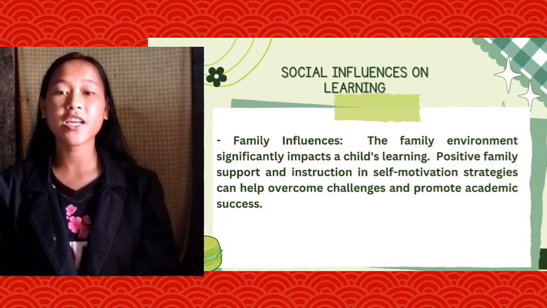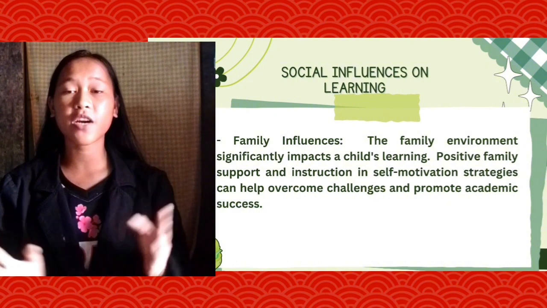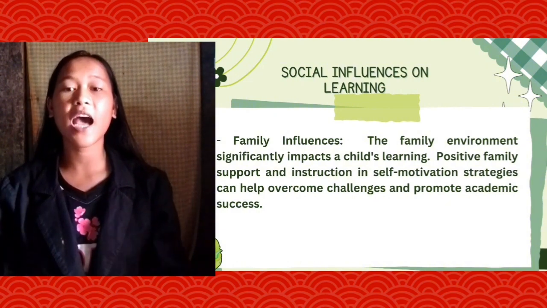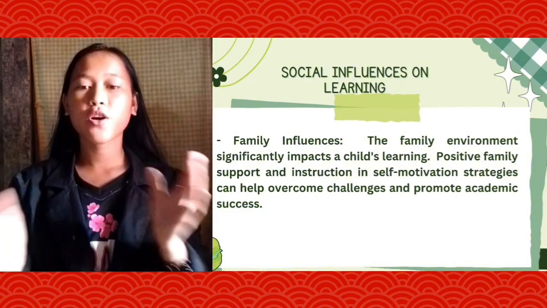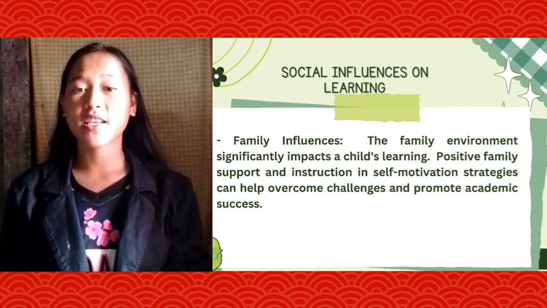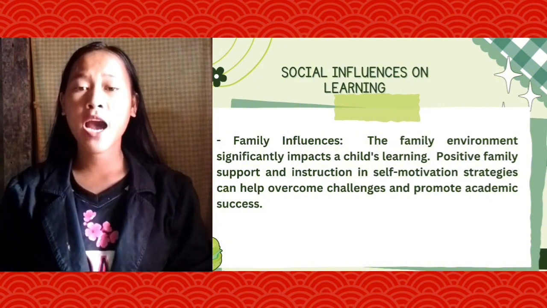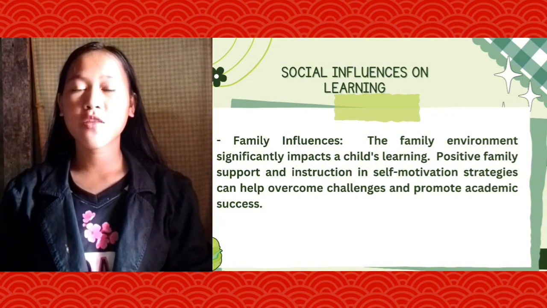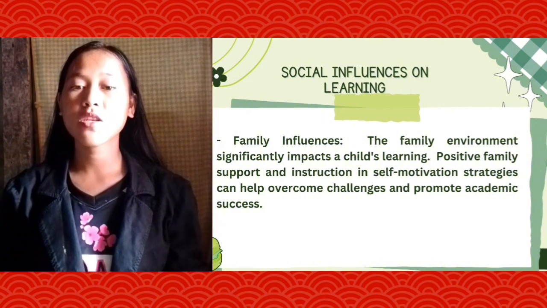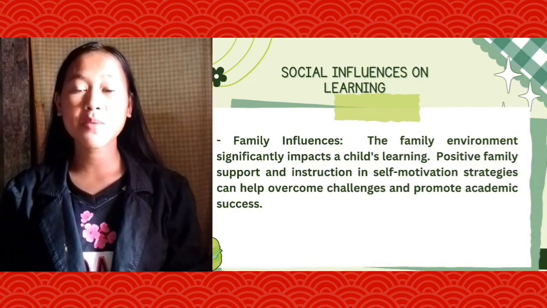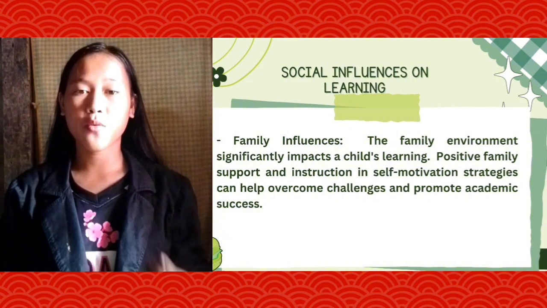Nurturing this can help children overcome challenges and achieve academic success. So that's all about the social influences on learning. We have three social influences on learning, which are social interactions, quality personal relationships, and family influences.